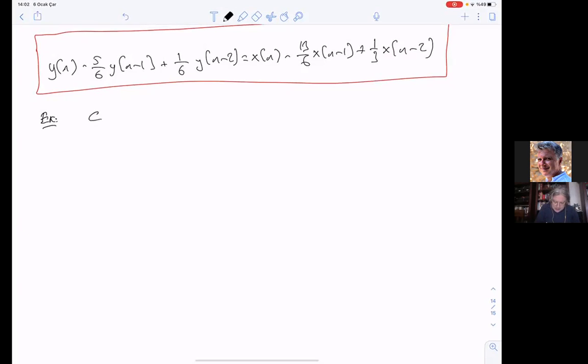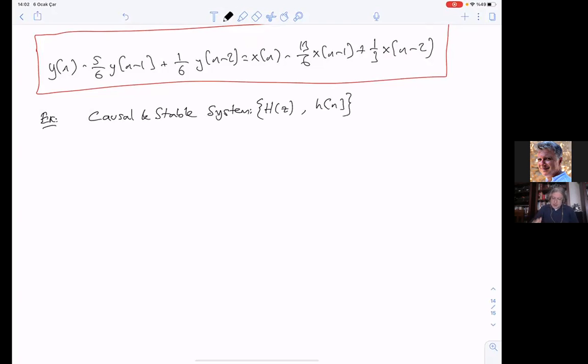We have a system that is known to be causal and stable. It's a discrete time, causal and stable system. Therefore, it has a Z transform, H of Z, and the corresponding impulse response, h of n.